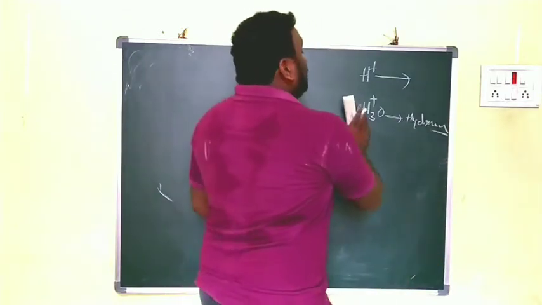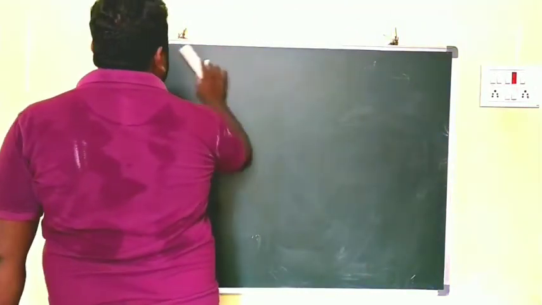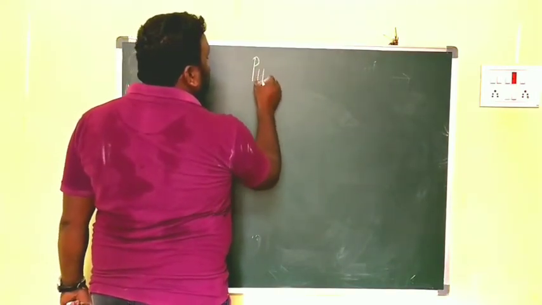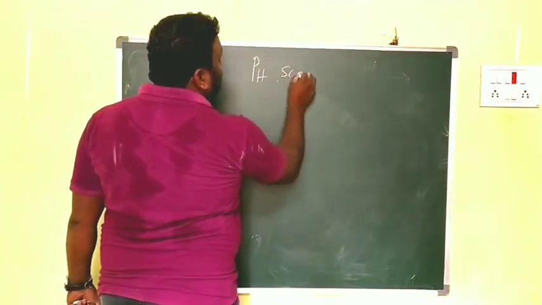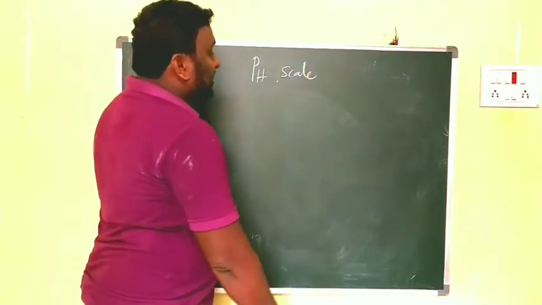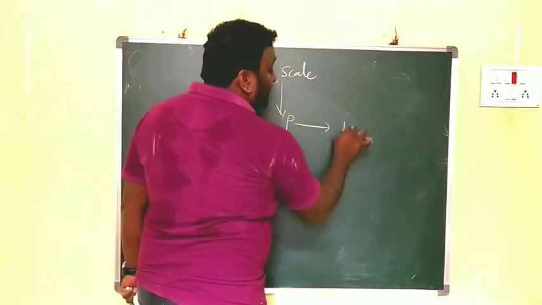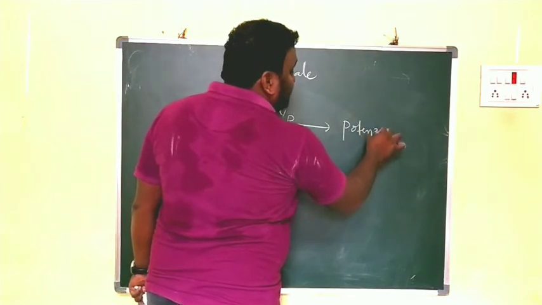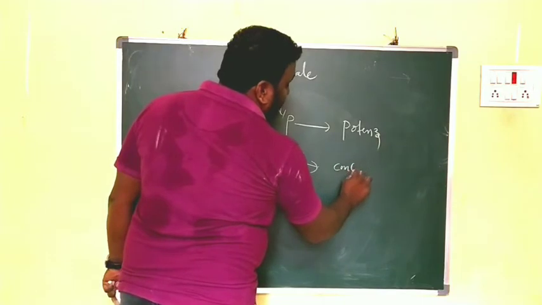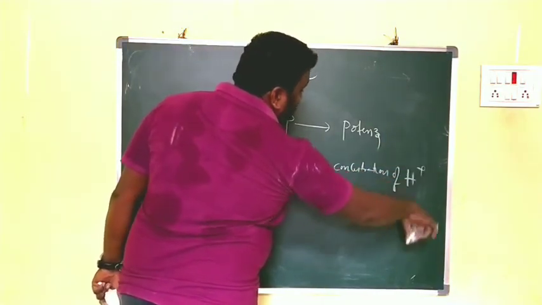So now, to explain the strength of the acids and bases, there is one scale, which is generally taken as the pH scale. In the pH scale, P stands for potenz, and H means concentration of H plus ions.